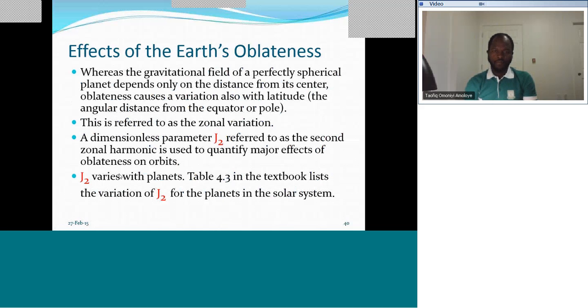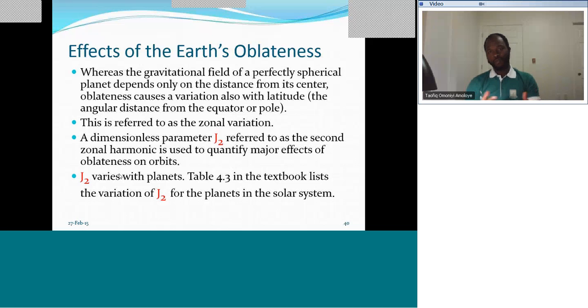The gravitational field of a perfectly spherical planet depends on the distance from its center, with Newton's law of universal gravitation. But because of the oblateness, some variation with latitude can also be seen.